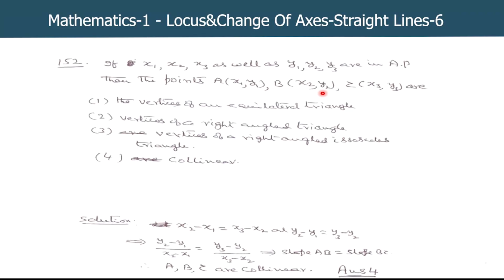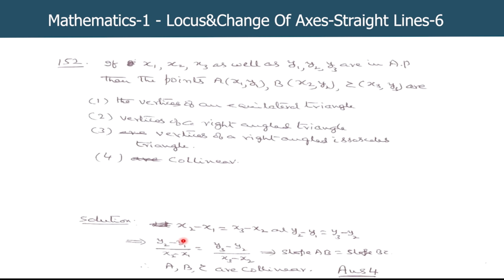152. If x1, x2, x3 as well as y1, y2, y3 are in AP, then the points A(x1, y1), B(x2, y2) and C(x3, y3) are the vertices of an equilateral triangle, vertices of a right angled triangle, vertices of a right angled isosceles triangle, and the fourth option is collinear. Now you know that because those coordinates are in AP, x2 minus x1 is equal to x3 minus x2, and y2 minus y1 is equal to y3 minus y2.